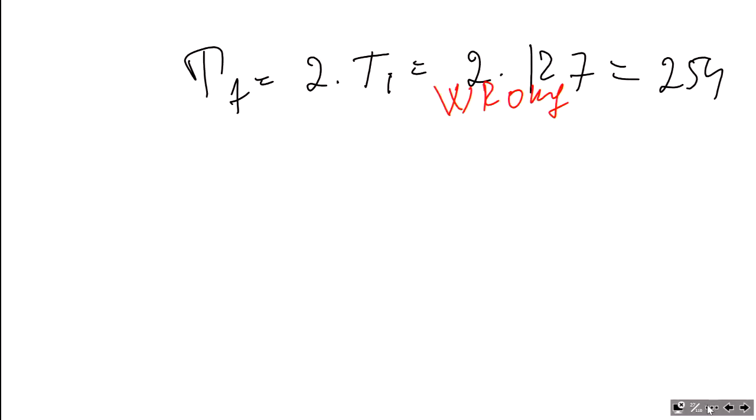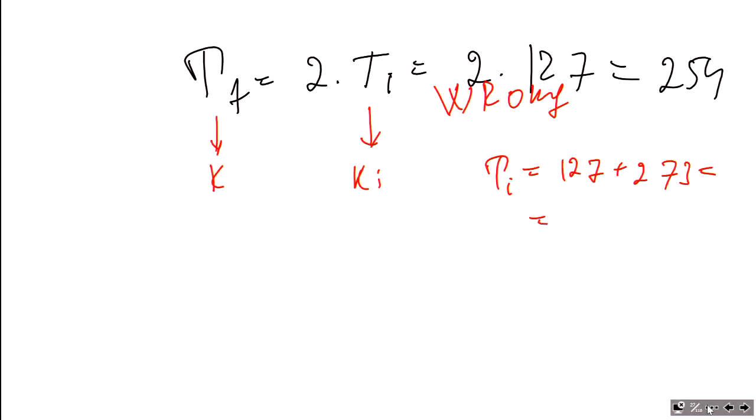The capital T requires using Kelvin. So first we need to convert the initial temperature from Celsius to Kelvin. And now we can calculate the final temperature.